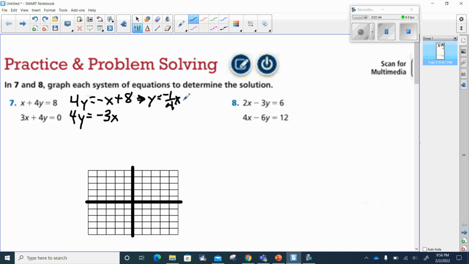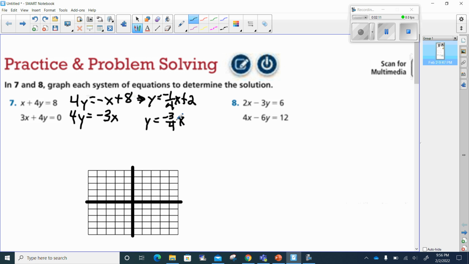And then 8 divided by 4 will be 2. All right? And then on this one, 4y divided by 4 will give us y, and this will be equal to negative 3 over 4x.